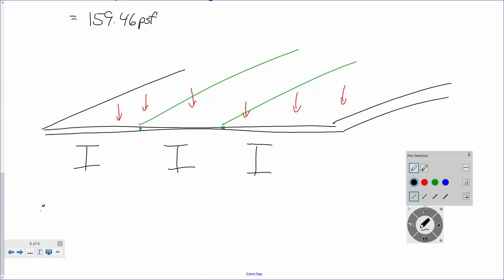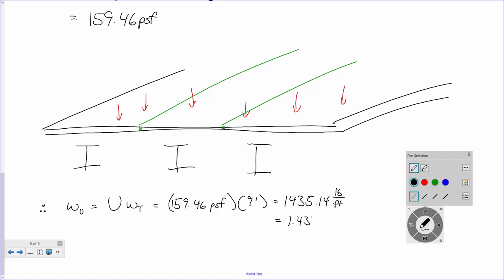It is our pressure load times the tributary width, which is 159.46 PSF times the tributary width of 9 feet, which is what? 1435.48 pounds per foot, or 1.435 kips per foot.